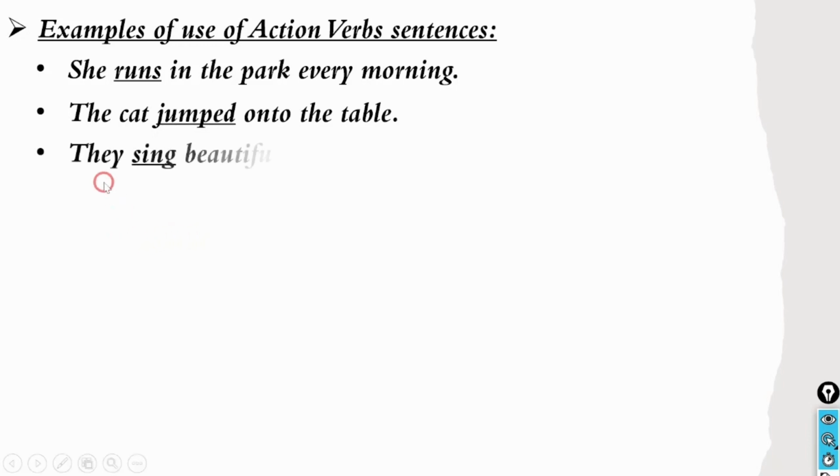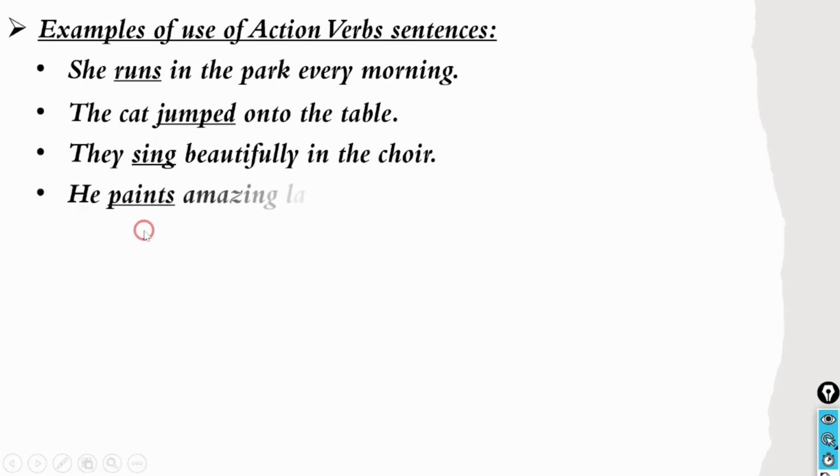Then, they sing beautifully in the choir, meaning they produce sounds in a choir. The action that they do is producing sound that is so good for people to listen to. So they sing beautifully in the choir. Then, he paints amazing landscapes.